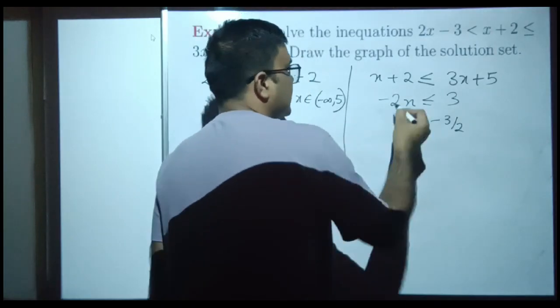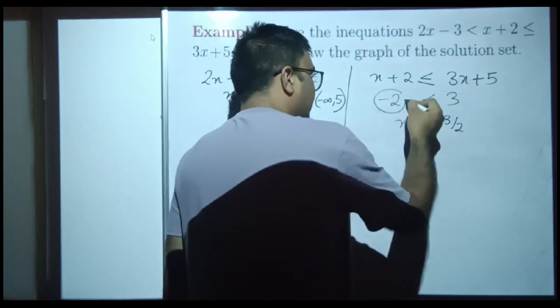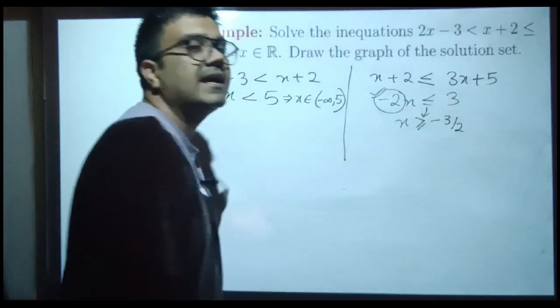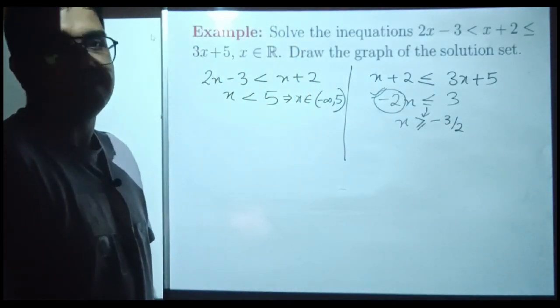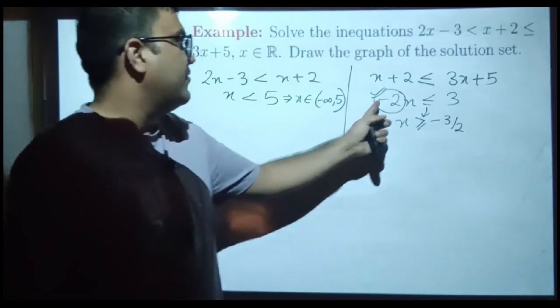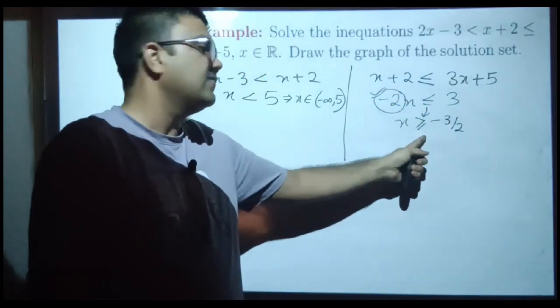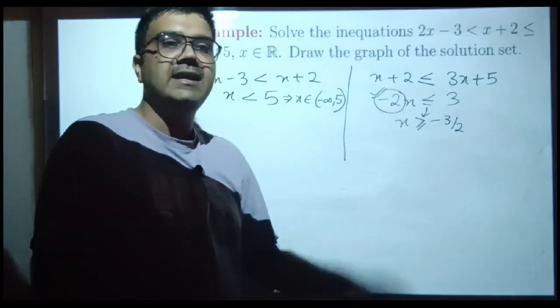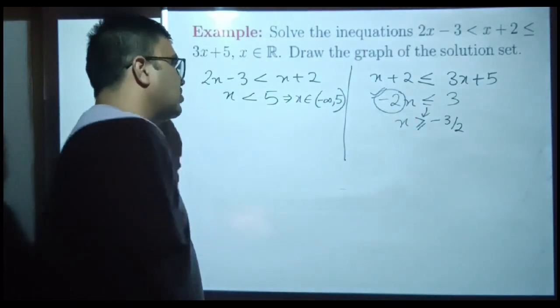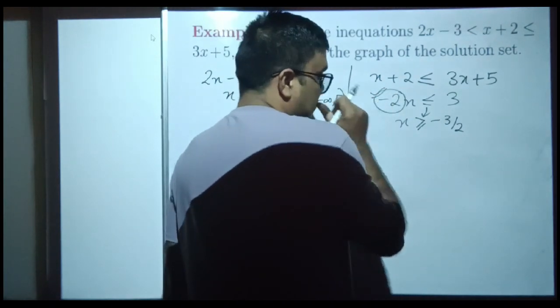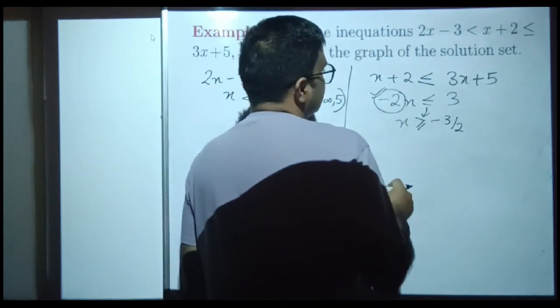Why minus over here? When we divide with a term with a negative sign, the sign of the inequality will change. We have minus 2 over here. When we are dividing both sides by minus 2, the sign of the inequality changes. This thing we have already seen when we were talking about the operations, how we will solve linear inequalities.